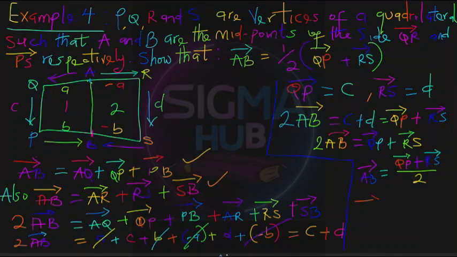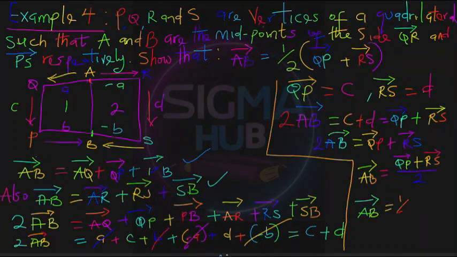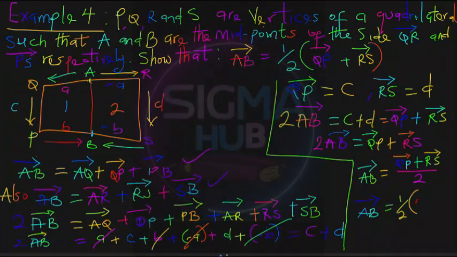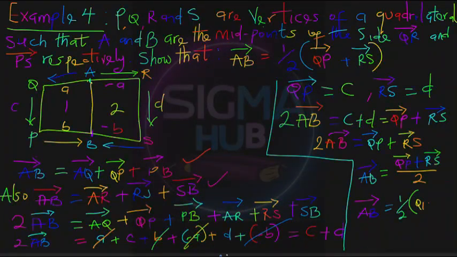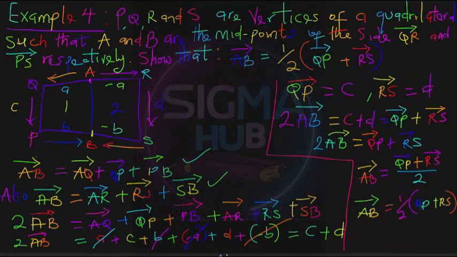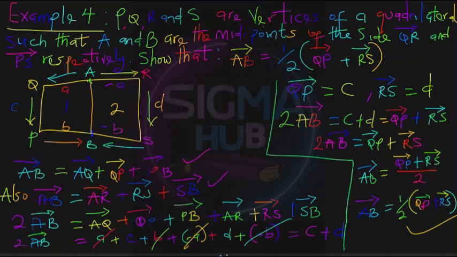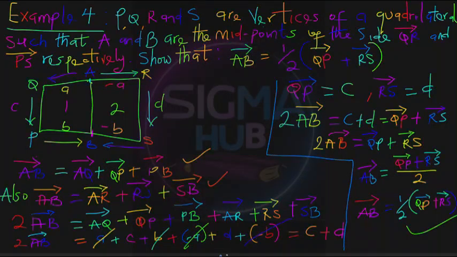And that's AB equal to half of QP plus RS, which has been established. And see how simple all these things are.